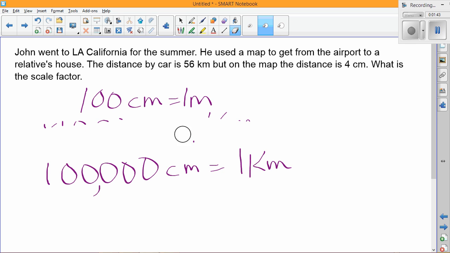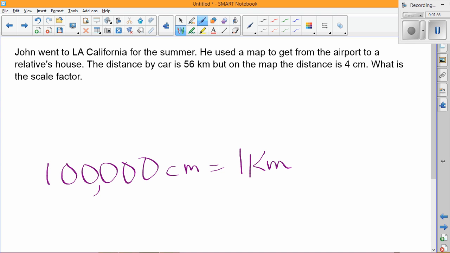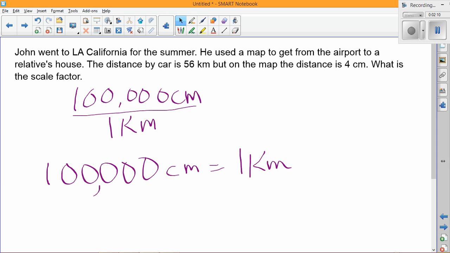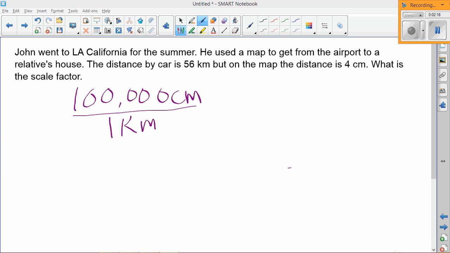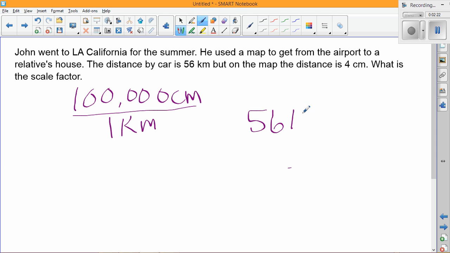Therefore, once I have that information, now in 4 centimeters, in 1 kilometer, we got to take this unit. In 56 kilometers, we know the ratio of centimeters to kilometers.